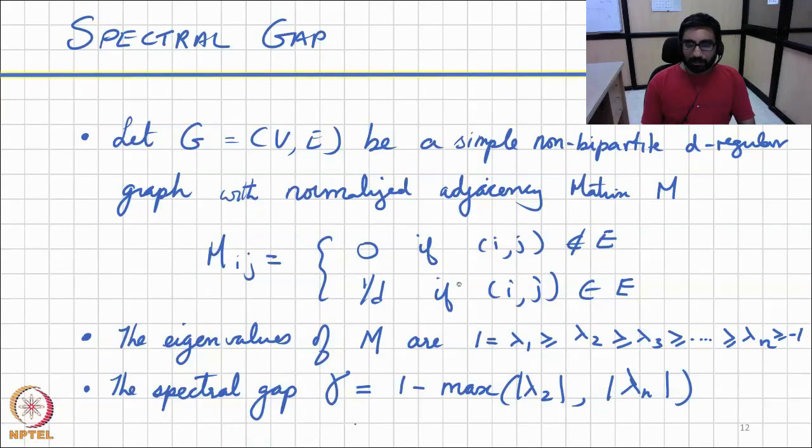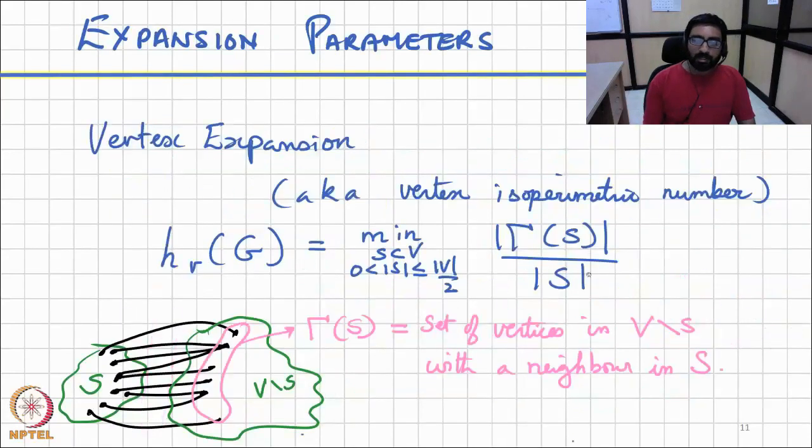And here, we're going to consider the ratio of the size of the neighborhood of S over the cardinality of S.